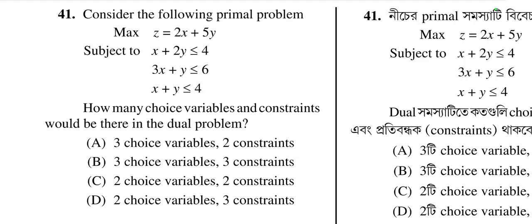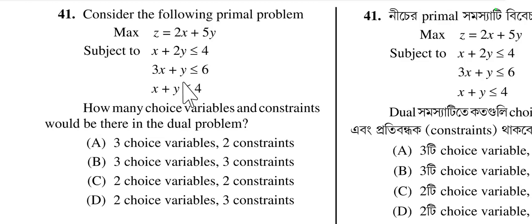For the given primal problem, there are two choice variables, x and y, and three constraints. Thus in the dual problem there will be three choice variables, one for each primal constraint, and two constraints, one for each primal variable.